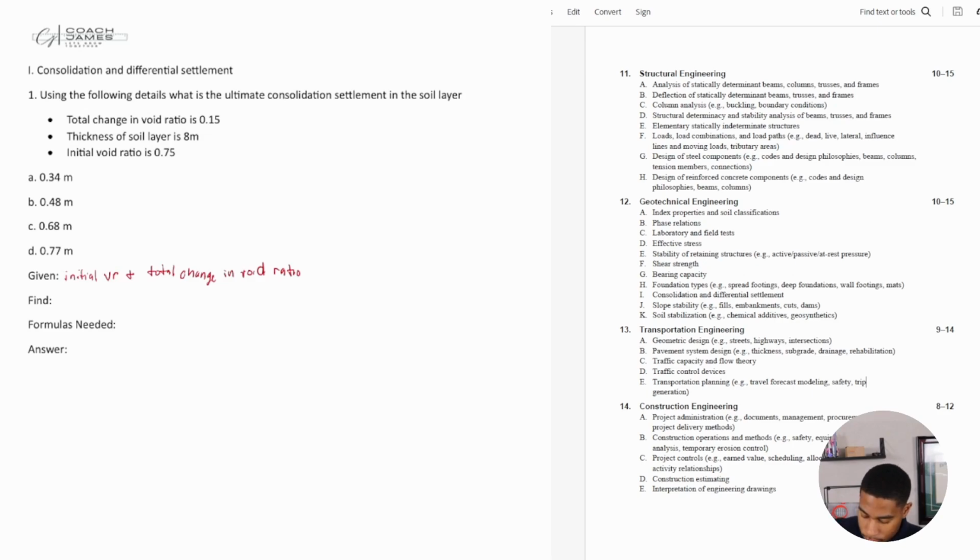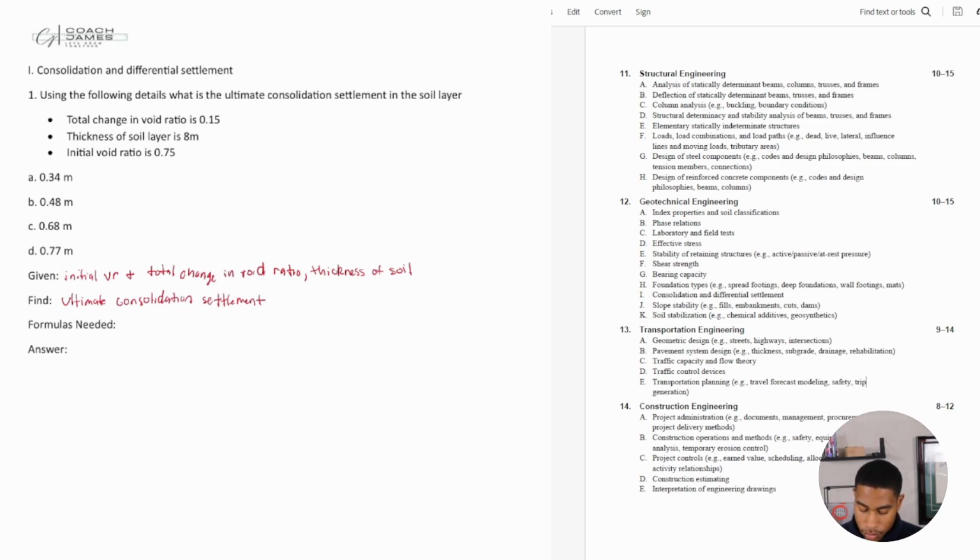Well, we're given thickness of soil. Anything else? No, I think that's it. So what are we trying to find? We're trying to find the ultimate consolidation settlement.